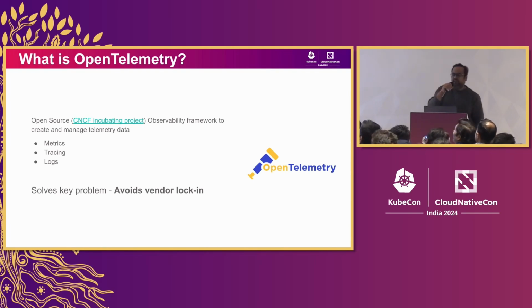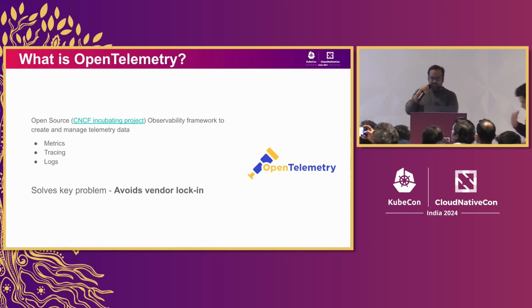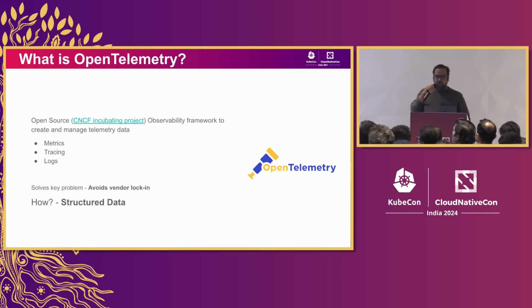OpenTelemetry solves a very key problem in tracing, which is vendor lock-in. Irrespective of whether you want to export your metrics to Google, AWS, Datadog, or you have your own custom solution, you can do that using OpenTelemetry. So how does it solve this problem?